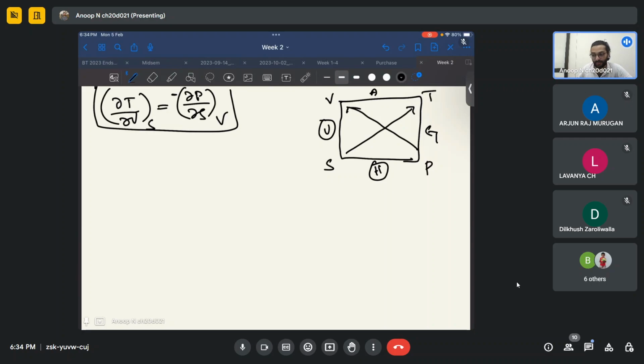For H, how will it be? Did all of you understand how easily we can write from this diagram? Or does anyone have doubts? This is not part of electrochemistry, but I'm just brushing it up. If someone wants time, let me know. Otherwise, we'll directly go back to our course content.